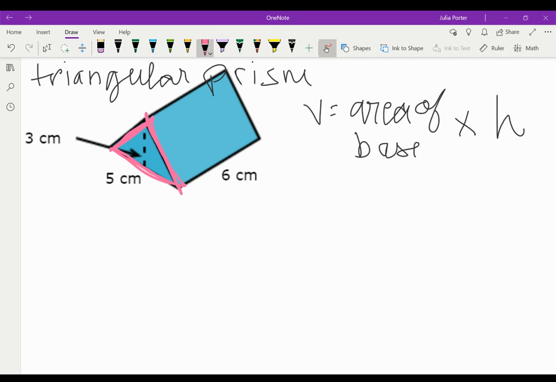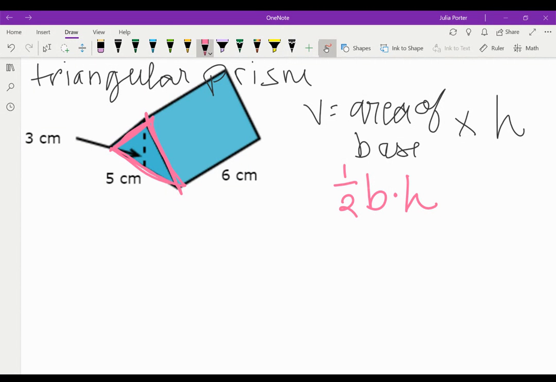So if our base is that triangle, we need to find the area of that triangle. We know that the area of any triangle is one half base times height. So we're going to find the area of our base.